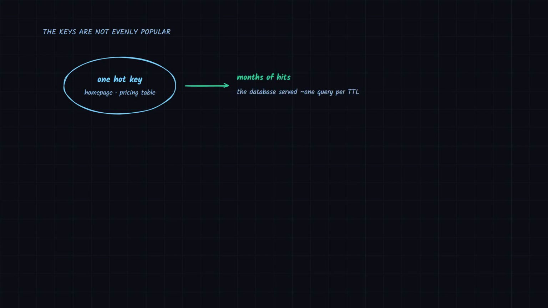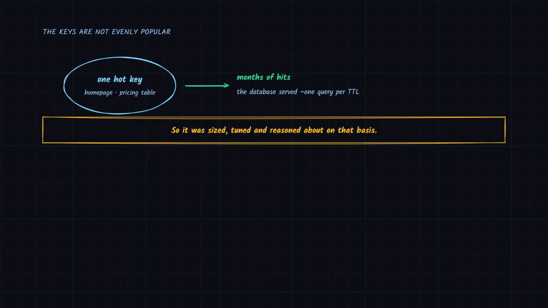Now, the failure. The interesting keys are not evenly popular. One of them, the homepage, the trending item, the pricing table, gets a large share of all traffic. It is written to the cache once with a TTL, and every request thereafter is a hit, which means your database has spent months serving essentially one query per TTL for that key, and it has been sized, tuned, and reasoned about on that basis.